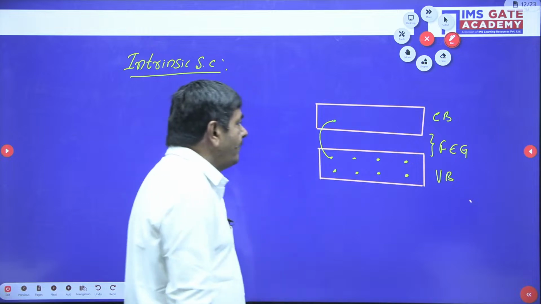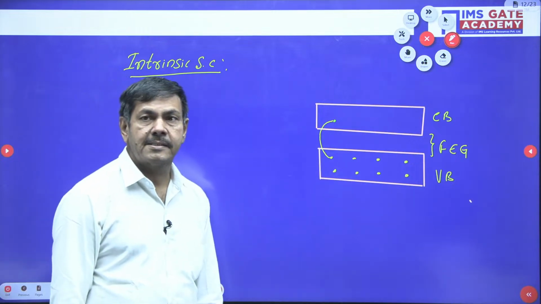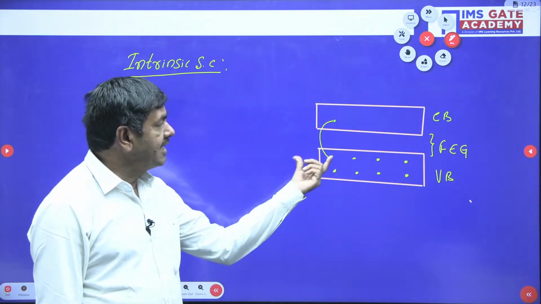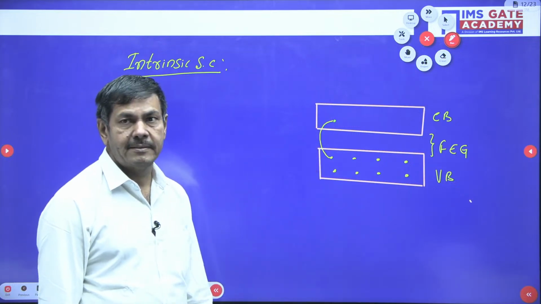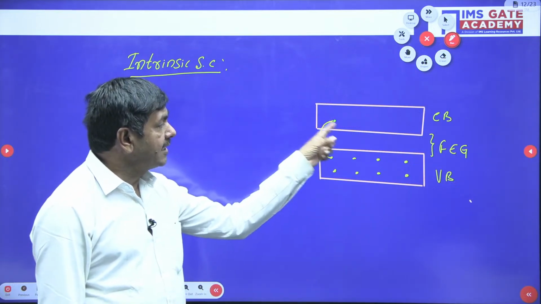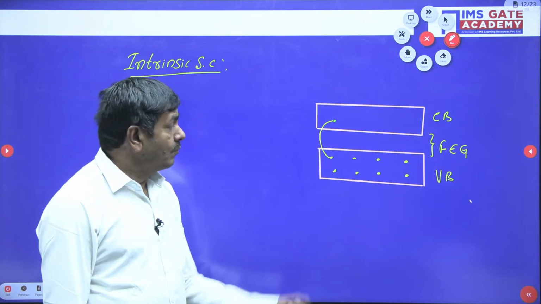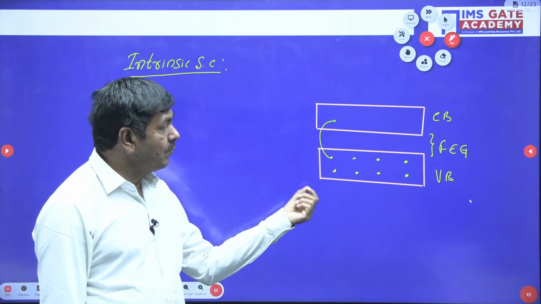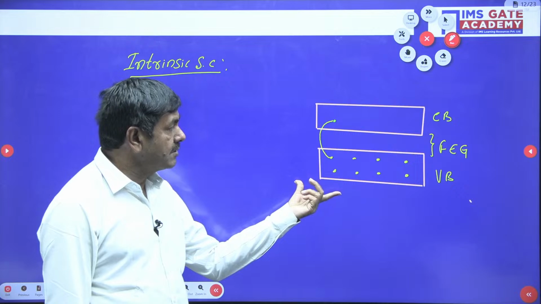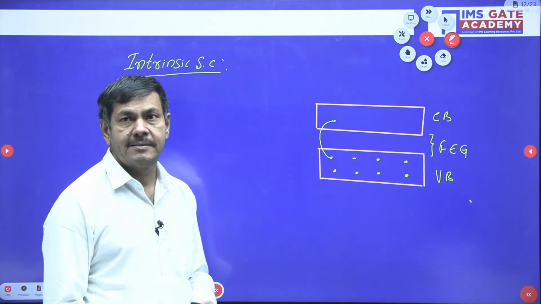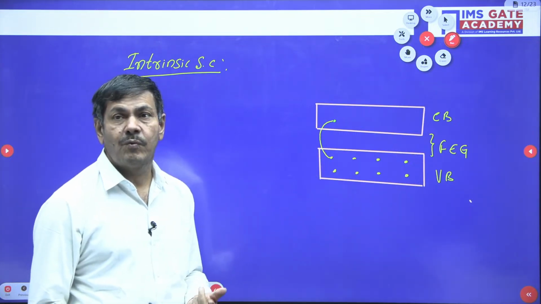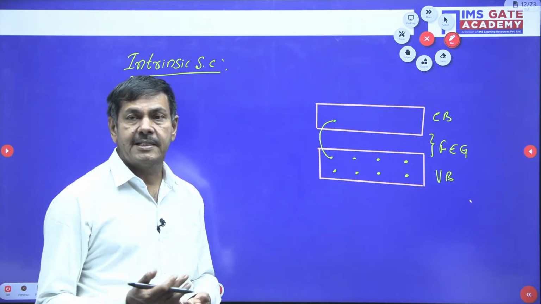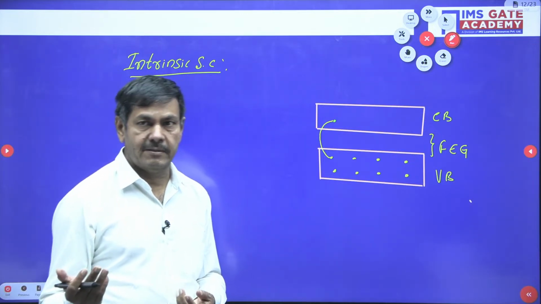Once the electron moves from the valence band and finally reaches the conduction band, the electron leaving the valence band creates one vacancy. A vacancy is nothing but the lack of an electron.